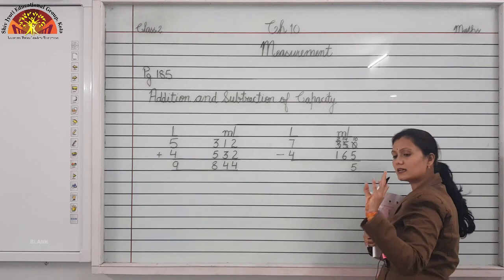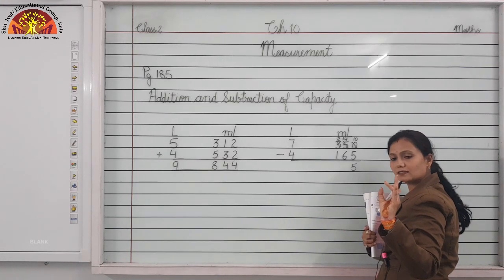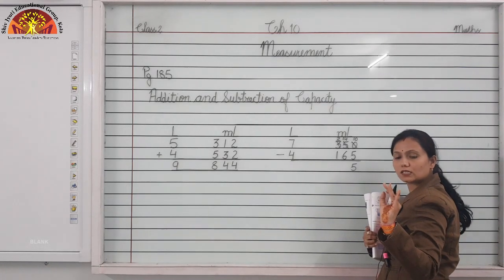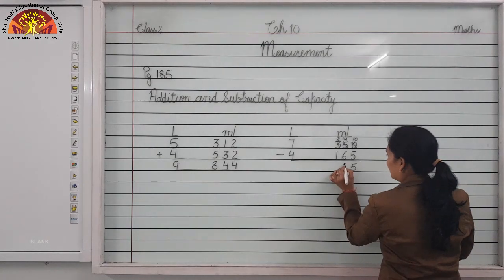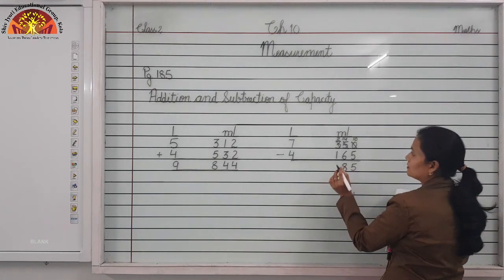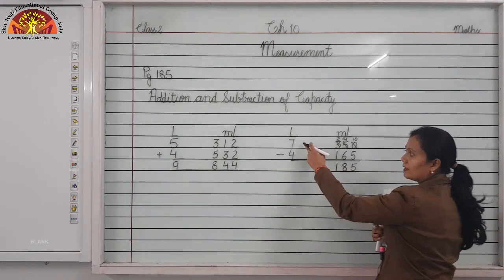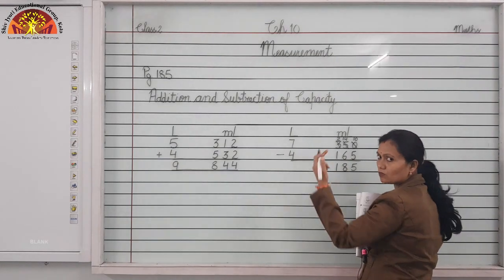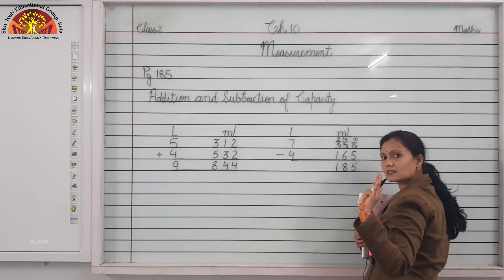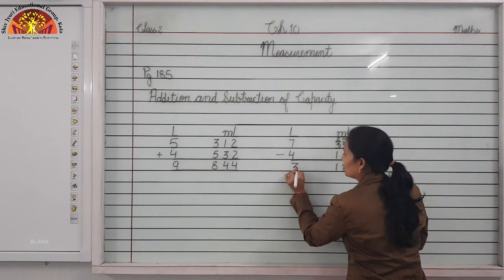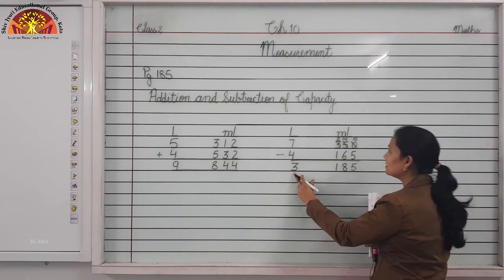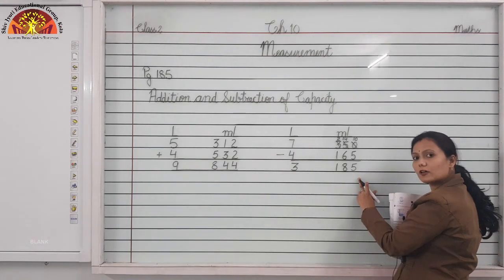Count after 6: 7, 8, 9, 10, 11, 12, 13, 14. 8. 14 minus 6 is 8. Now 2 minus 1 is 1. Here 7 minus 4. Count after 4: 5, 6, 7. So 3. So we get 3 liter 185 milliliter.